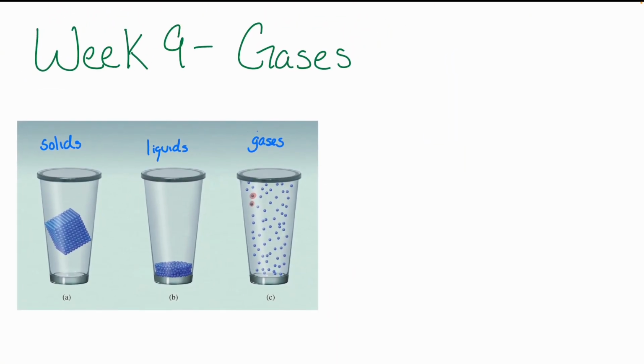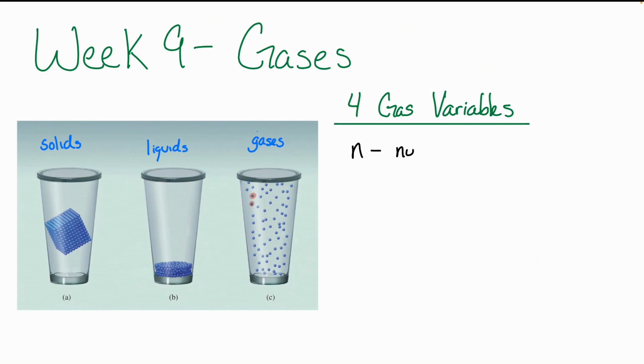Again, we're going to focus on gases, and there are going to be four variables that we're going to be relating for our gases here. And these are all intimately tied together, we're going to see. All right? So the first, we use the symbol n for number of moles.